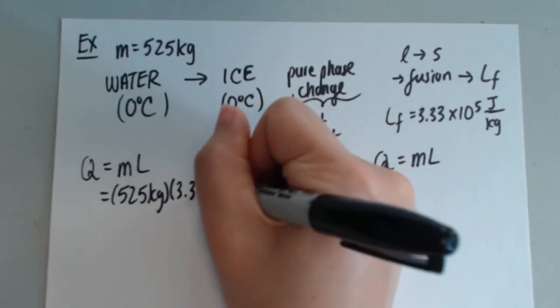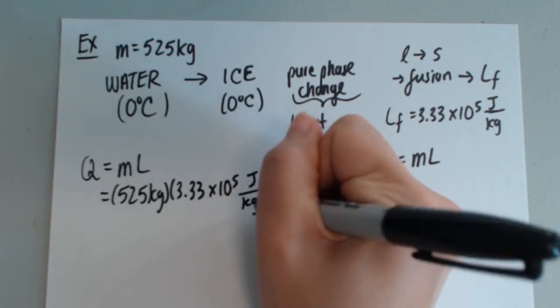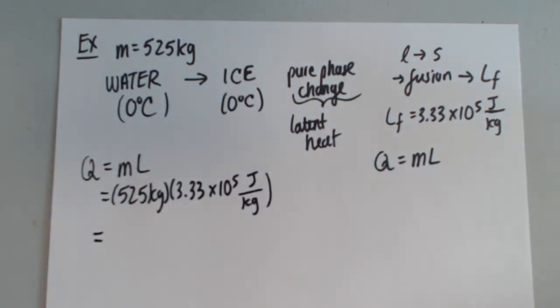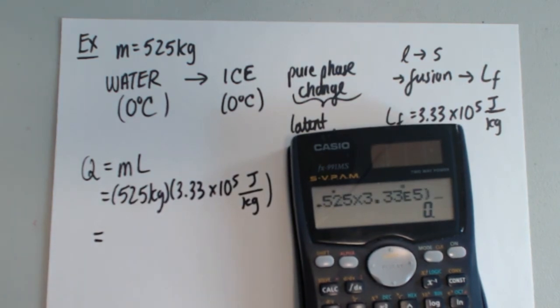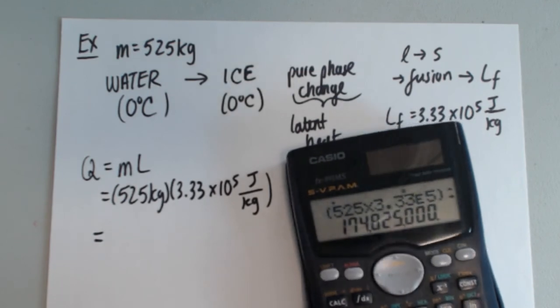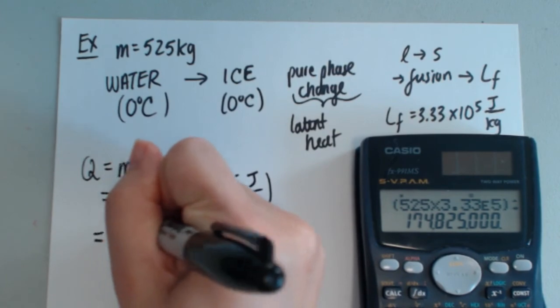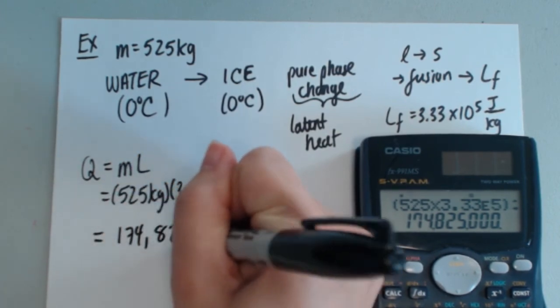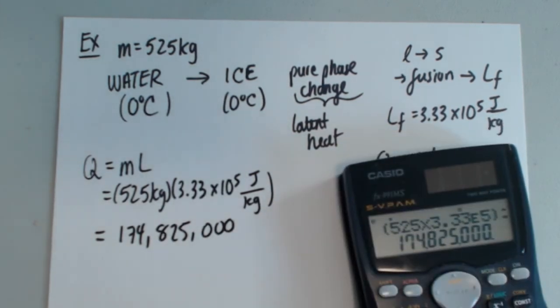It takes 3.33 times 10 to the 5 joules of energy per kilogram to change the phase of water into ice, and ice into water technically. 525 times 3.33 times 10 to the 5 is 174,825,000. Wow, that is a huge number. Okay.